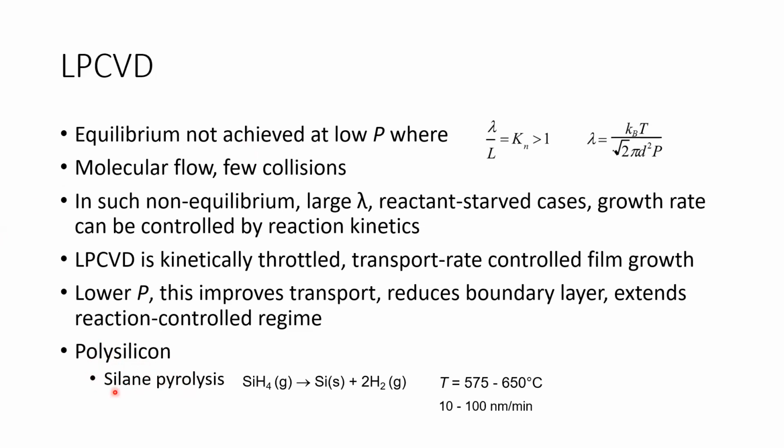Use high temperature to decompose silane, and then we get silicon in solid phase, and hydrogen in gas phase. The temperature is about 600 degrees C, and it can be deposited with a deposition rate of 10 to 100 nanometer per minute. This can be lower than the APCVD process.